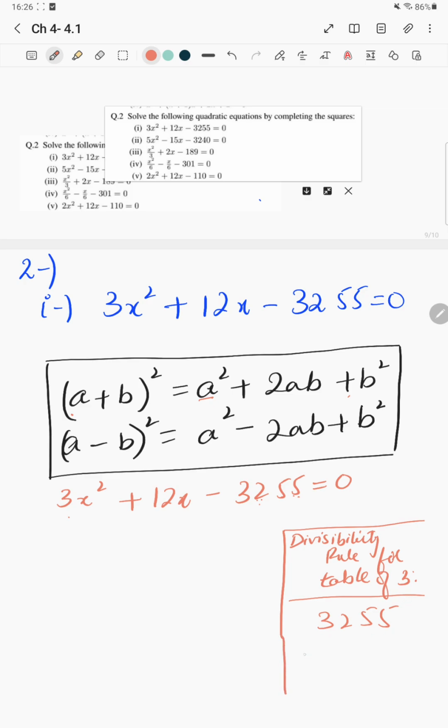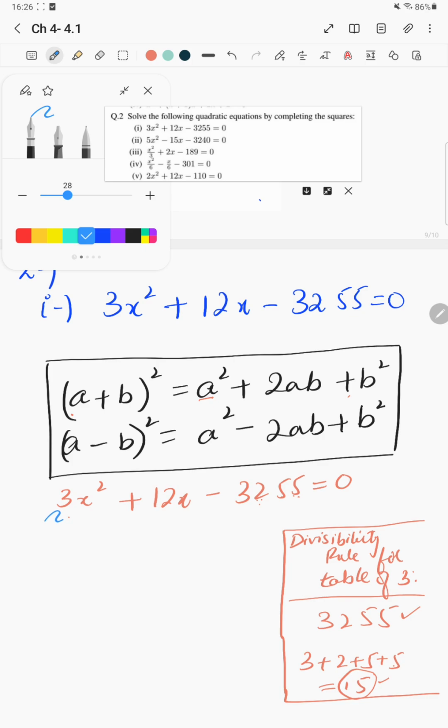Just add all the numbers, 3 plus 2 plus 5 plus 5. So I will get 5 plus 5 is 10, 12, 15. And 15 is divisible by 3. It means this whole number is divisible by 3.